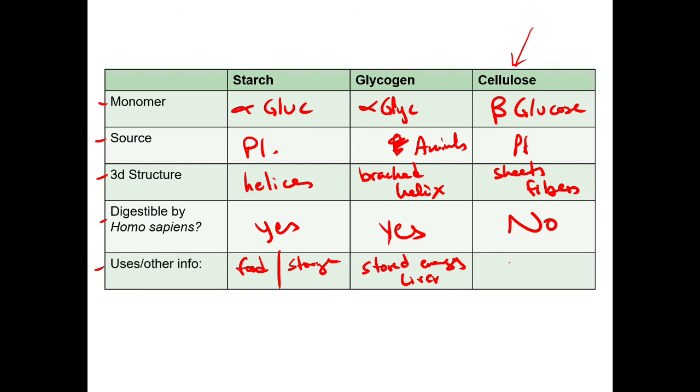And then cellulose uses and other info, it's in wood, so any kind of wooden structure like houses, baseball bats, stuff like that. Paper, cotton, so clothing. And then obviously for the plant, it's the cell wall. It gives it strength. It's what makes the plant strong and what makes wooden trees very rigid and strong.